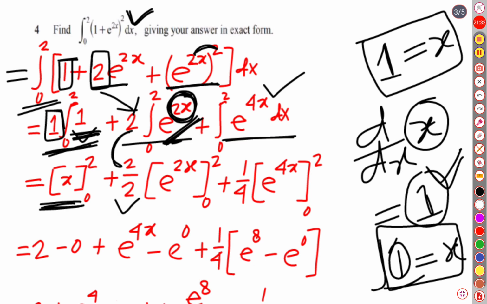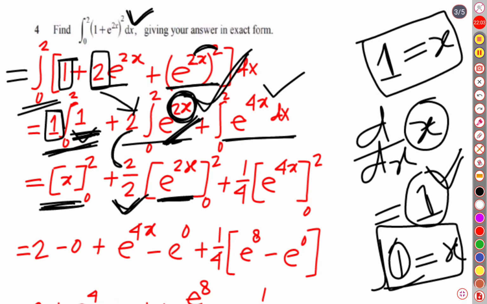Then the exponential function will remain unchanged. Not for every function, but if it is e raised to 2x. If we are given the constant e raised to something, then we will differentiate the exponent, and after differentiation, that will divide. We have divided it by 2, and the function will remain as it is, unchanged.